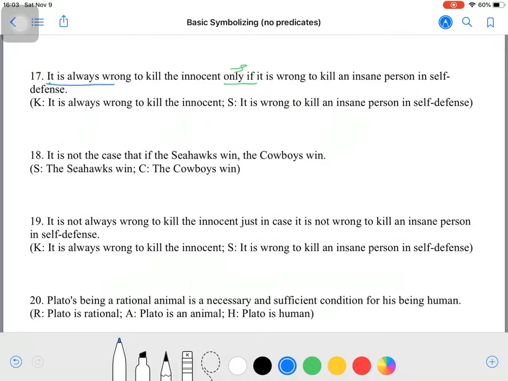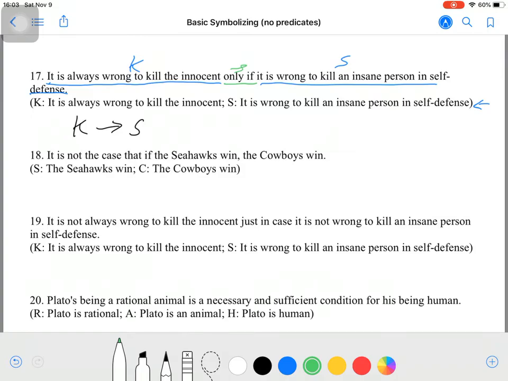So the statement, it is always wrong to kill the innocent, is K, and the statement, it is wrong to kill an insane person in self-defense, is S. So you'll notice here that instead of having the negation of something being okay, we just have the statement itself saying that something already is wrong when we look at how we're translating stuff here. So we would just write this down as, it is always wrong to kill the innocent only if it is wrong to kill an insane person in self-defense.